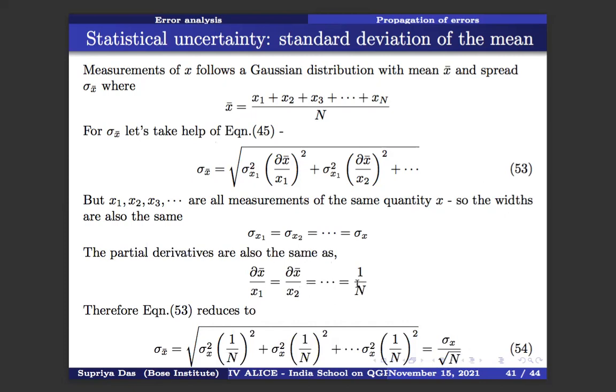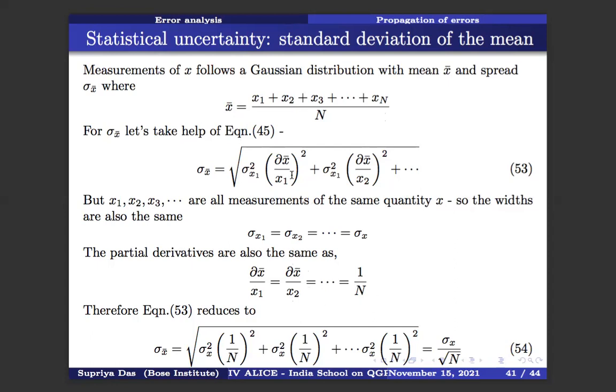If you take a partial derivative with respect to x1, the rest are all other terms, independent of x1. Each measurement is independent. For example, 100 people are measuring with the same ruler, and each person's measurement is independent. So the rest are all 0, and you get only 1 over n. So for all terms, del x bar over del x1, del x bar over del x2, is equal to 1 by n.